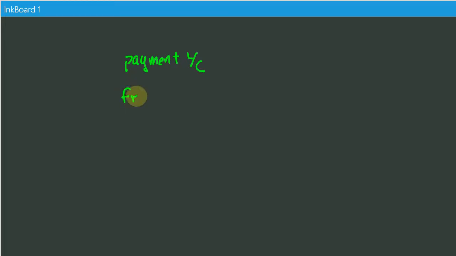This is the same meaning. So this is the type of LC, letter of credit, and most LCs are irrevocable. I told you.